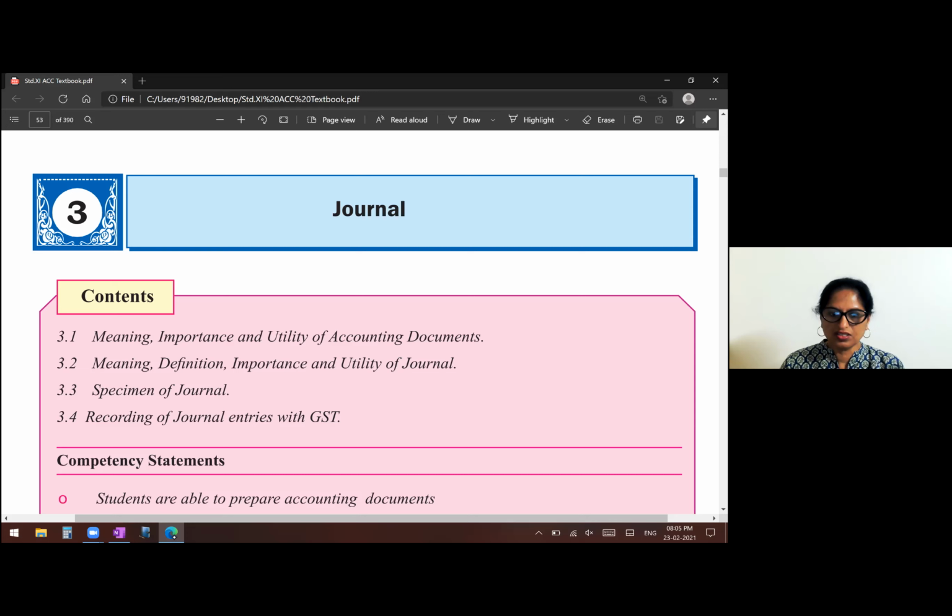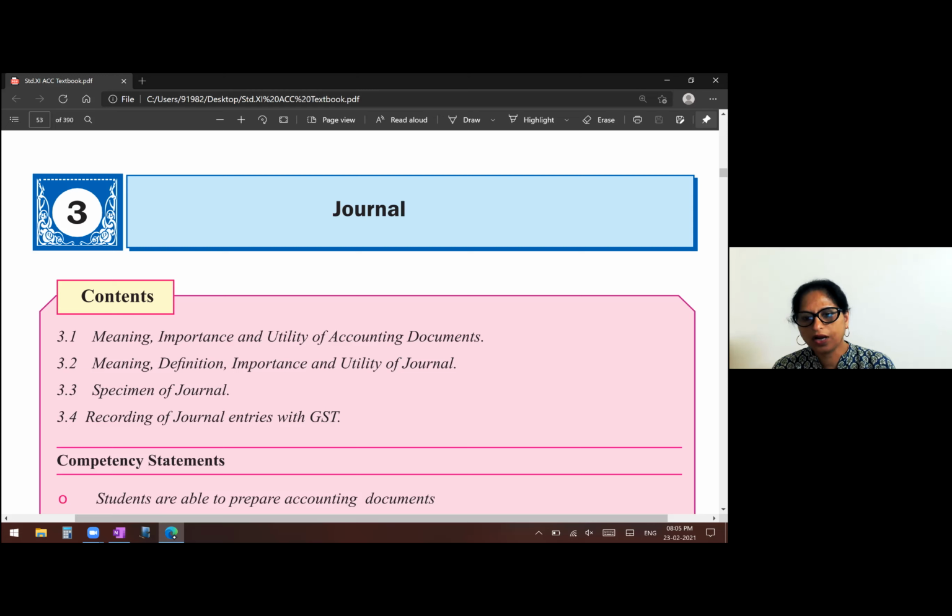Now, since we are not having physical class, I would like you to write the name of the chapter, journal. You will write the date, the name of the chapter, and then on page 51, you have the meaning.